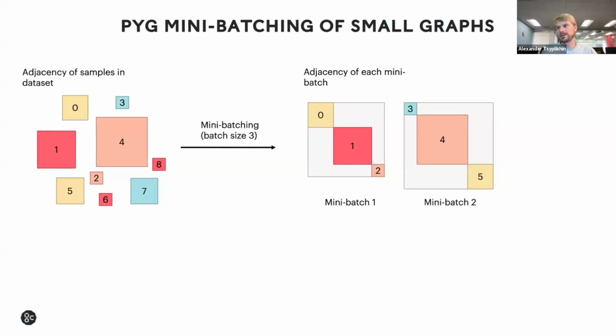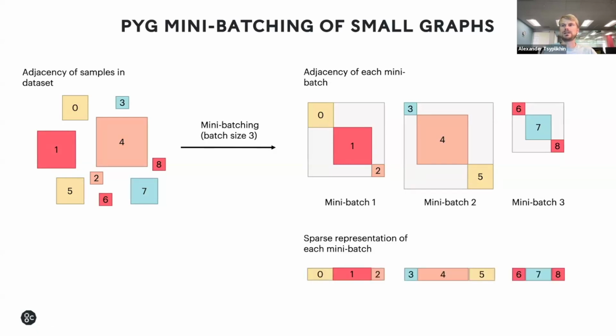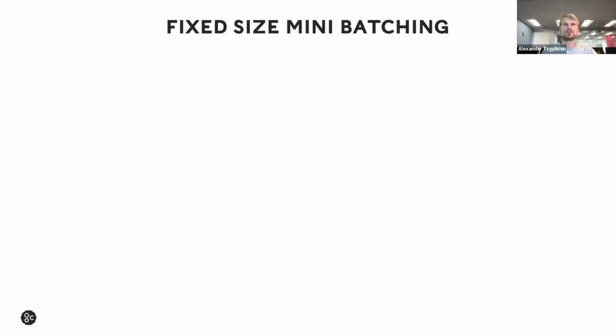Given a fixed number of samples per batch, the sizes of these matrices will potentially be different, because every small graph will have a different number of nodes in it, and this will not work as expected on the IPUs because we need fixed sizes of the inputs.